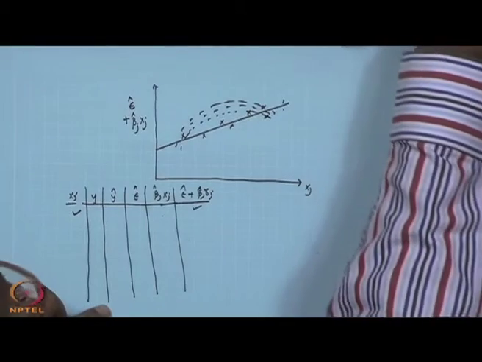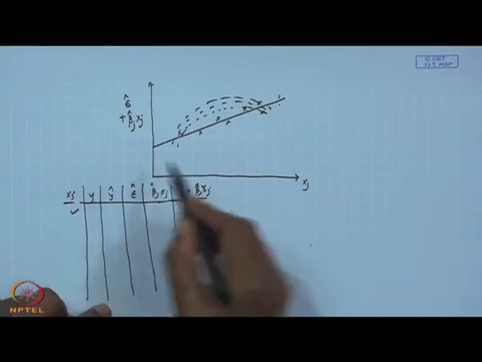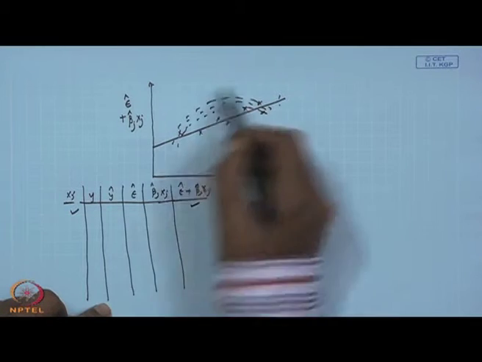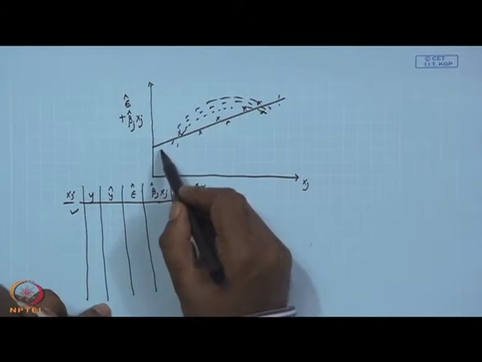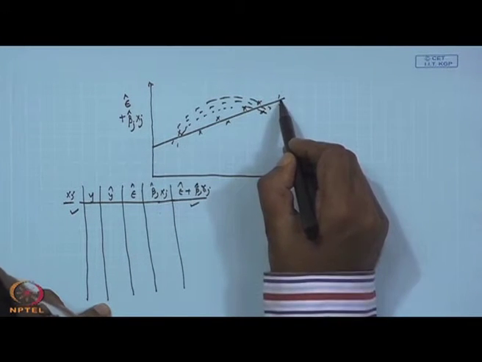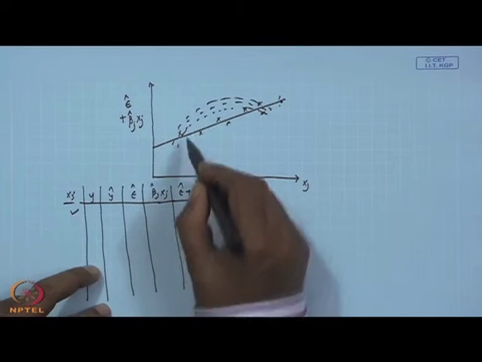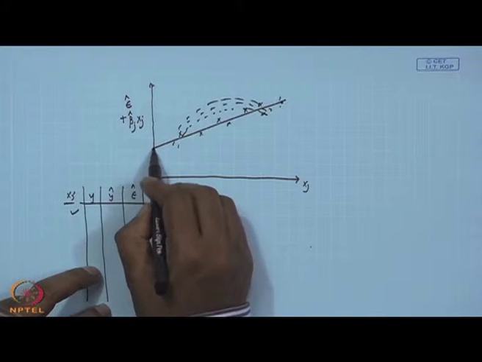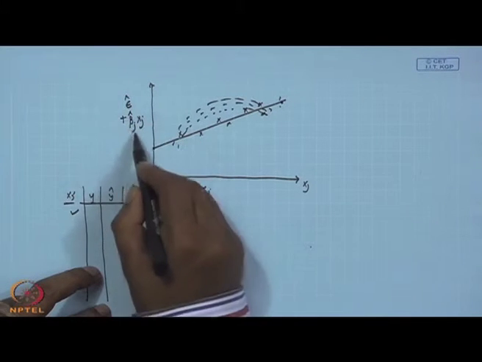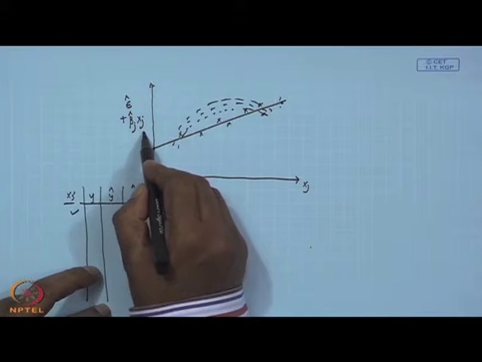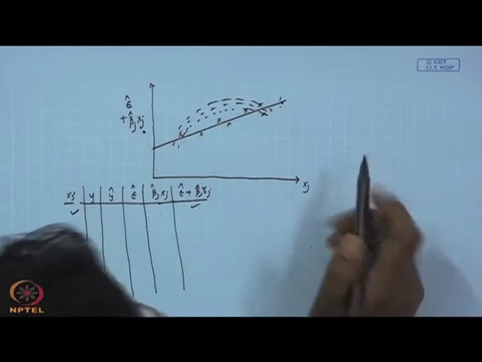Now, in this case, these residuals are basically hovering around this line, and here the points are not 0; the value is basically epsilon plus beta j cap xj. So that is the difference.